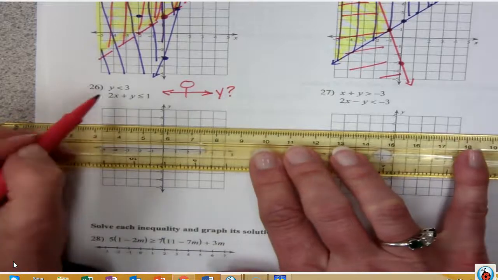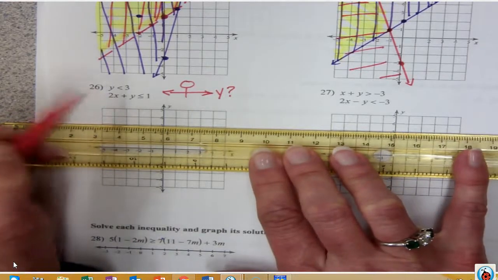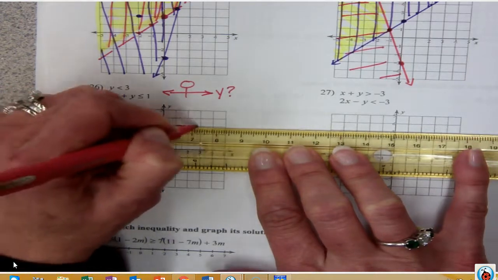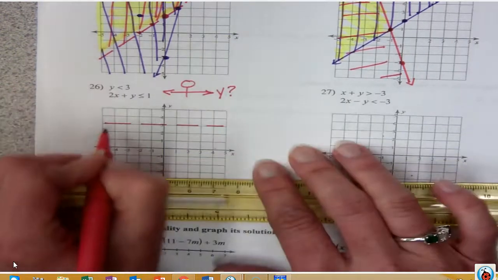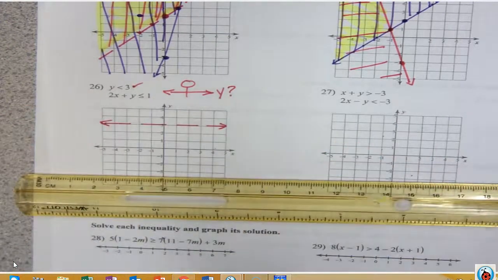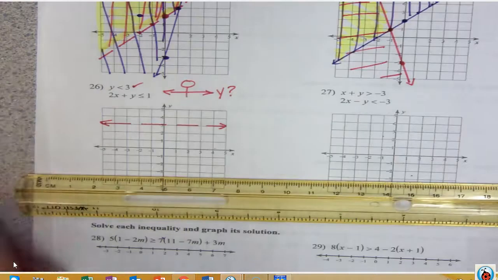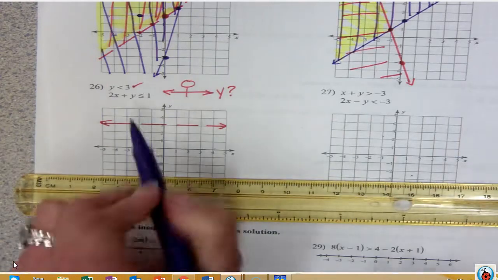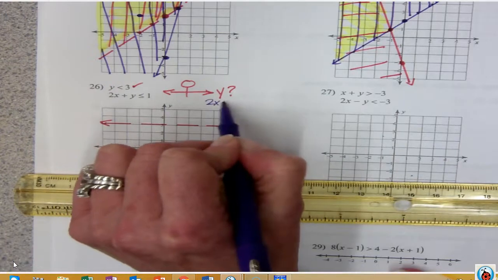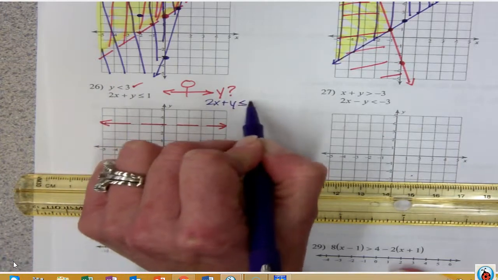So I'm going to go up to 3, and I'm going to do a dashed line because it's not equal to. So there's that one. Then the next one I need to put into y-intercept form. So I've got 2x plus y less than or equal to 1.